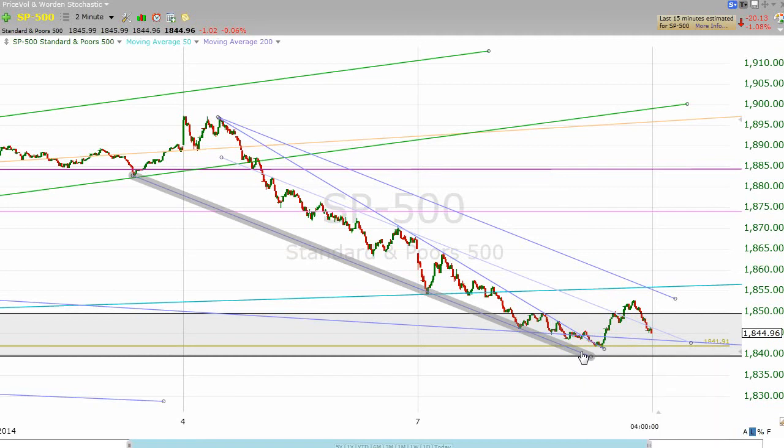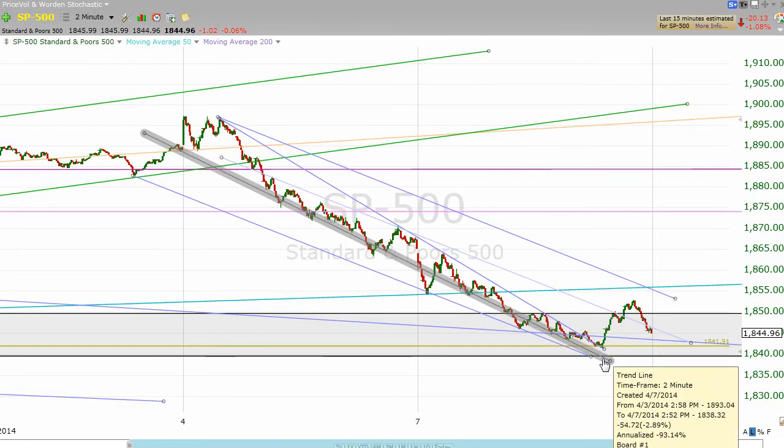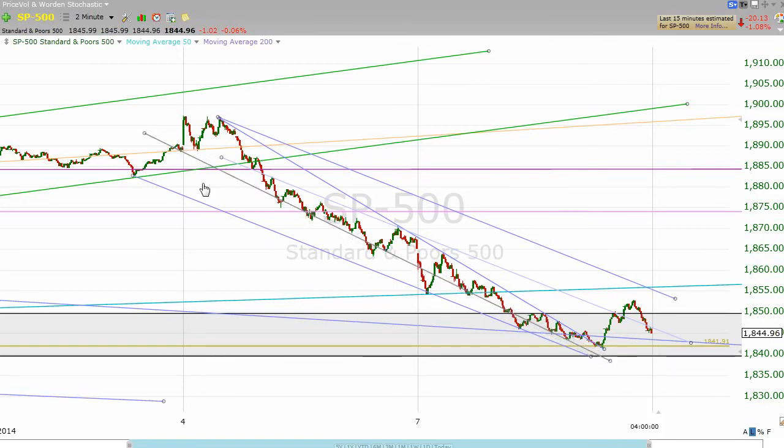So I drew this line, and I did not do the little midline thing, but if I did, it would look like that. And you ask yourself the question, does this little middle line look like it's having any significance as we travel down in between these two lines?